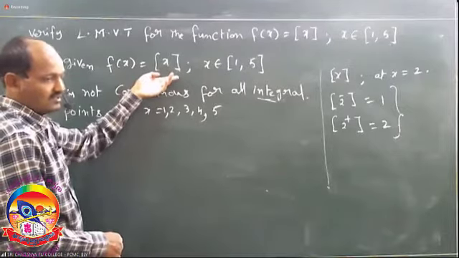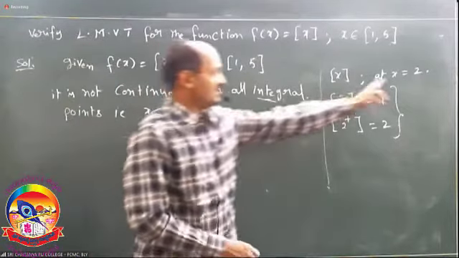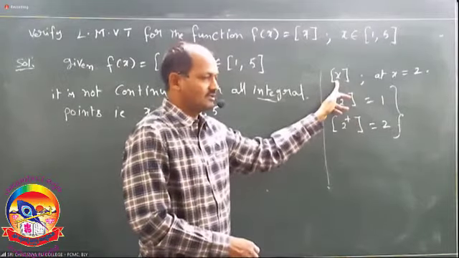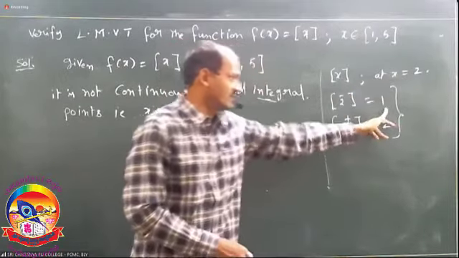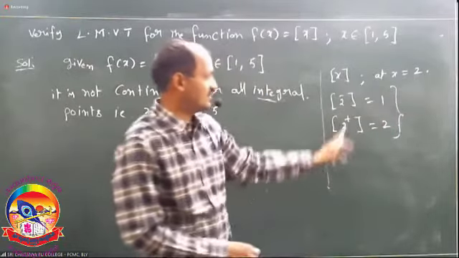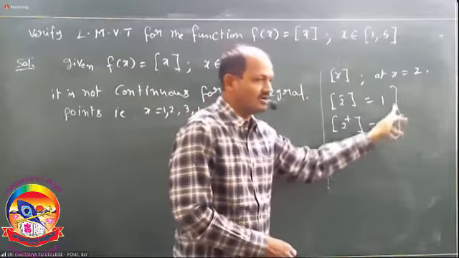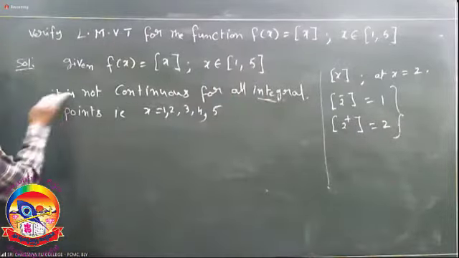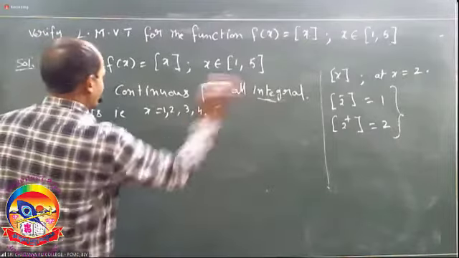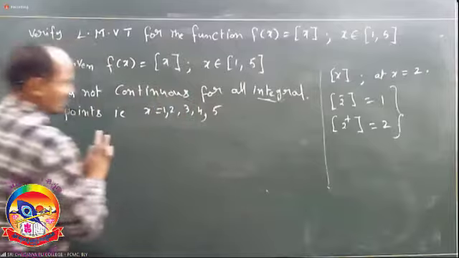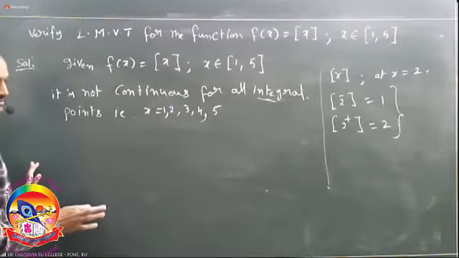For example, at x equal to 2, the left limit is 1 and the right hand limit is 2. Both are not equal. Not equal means discontinuous. So it is not continuous for all integral points, that is x equal to 1, 2, 3, 4, 5.